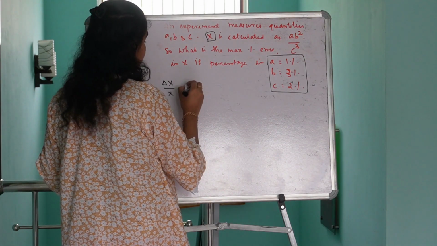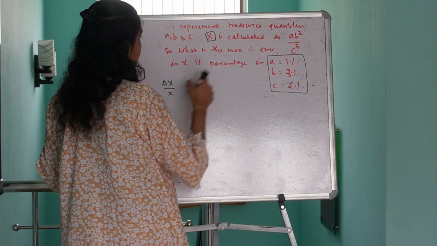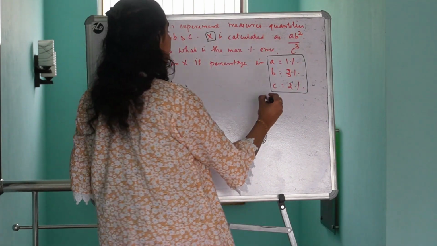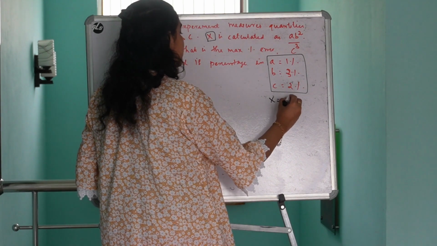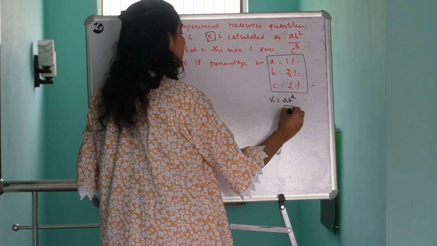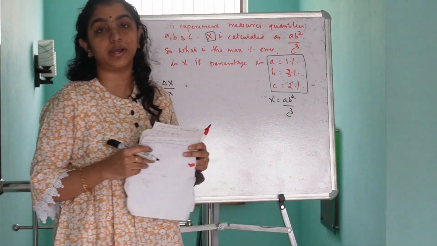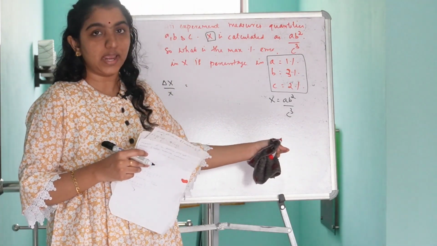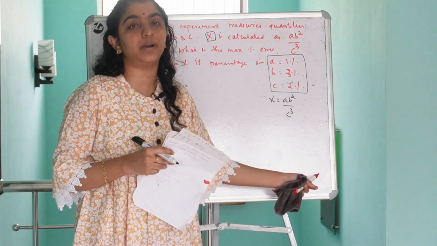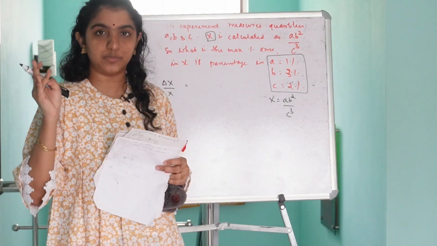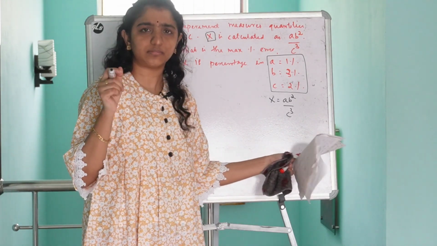We know relative error in X. Here the operation is also given: X is equal to AB square by C cube. Here three operations are involved: one is power, one is multiplication and one is division.